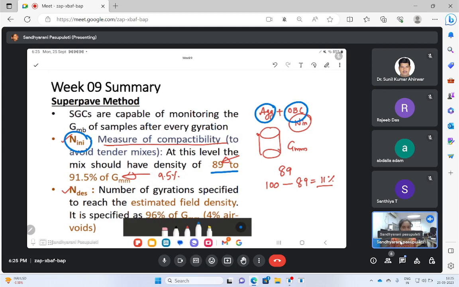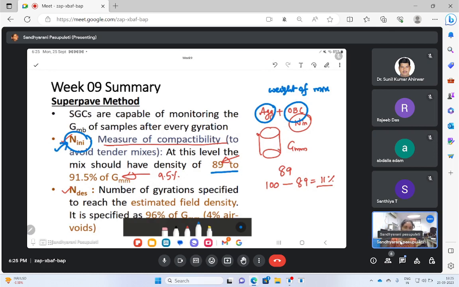Then what we have to do is we need to change the weight of mix. So we change the aggregate and weight of mix, and again we mix in such a way that at the end we will check again for the 89 to 91.5% of GMM corresponding to the N initial.